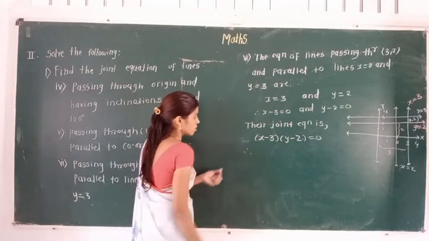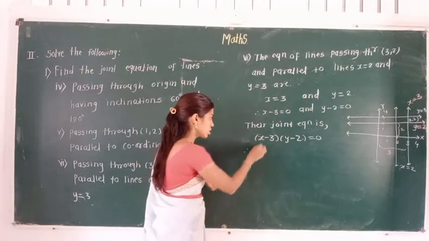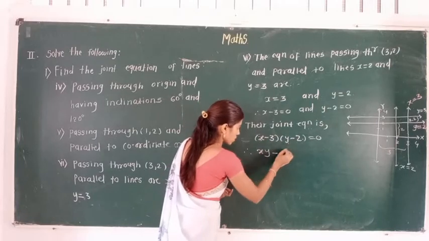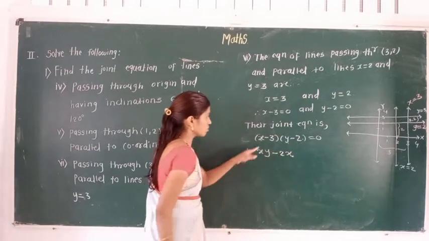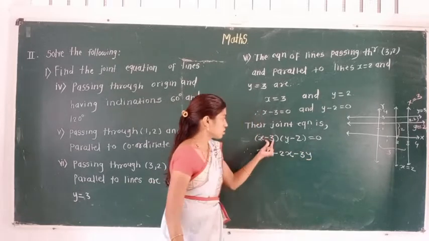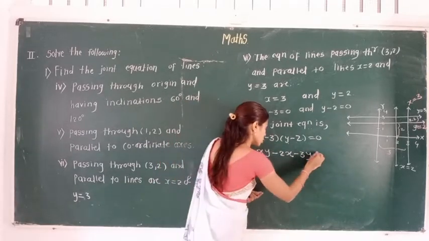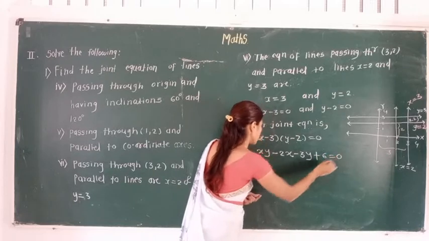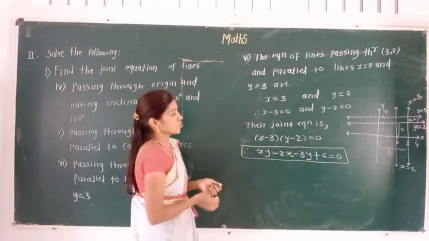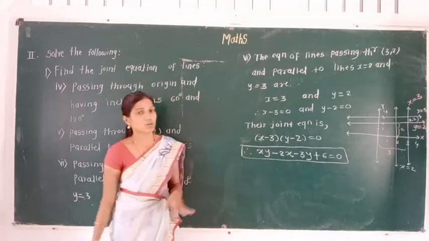Multiplying the two brackets, we get xy minus 2x minus 3y plus 6 is equal to 0. And this is the joint equation of the given two lines.